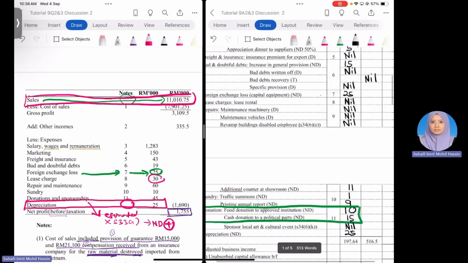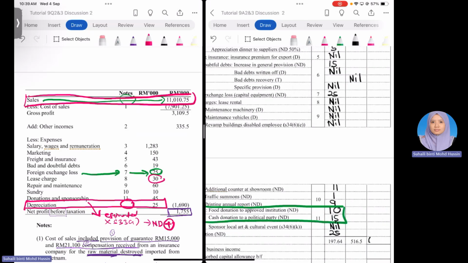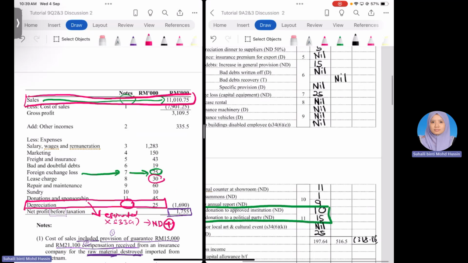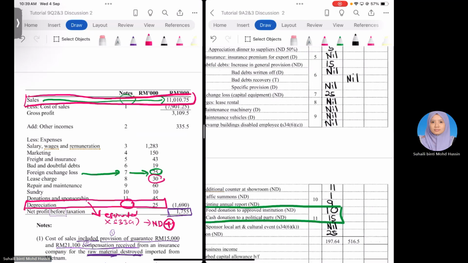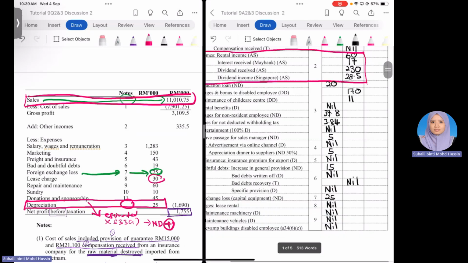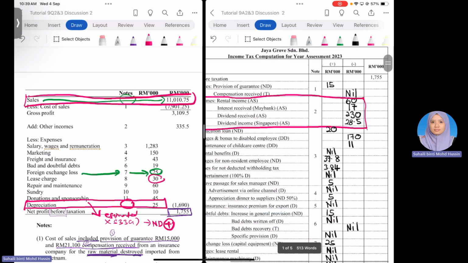You should get the difference between the two columns, negative 318,86. And then in the last column, you add back the amount of net profit before taxation, 1755.